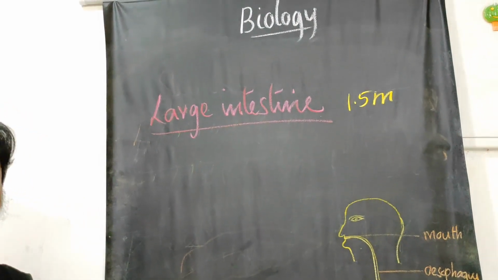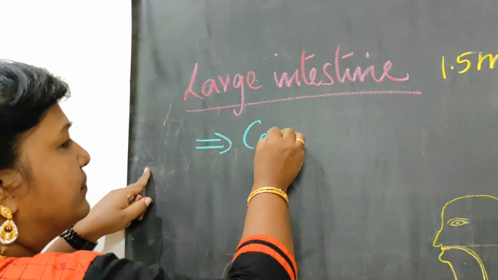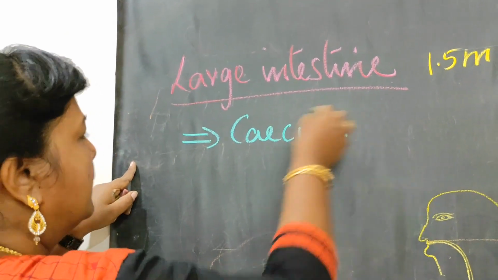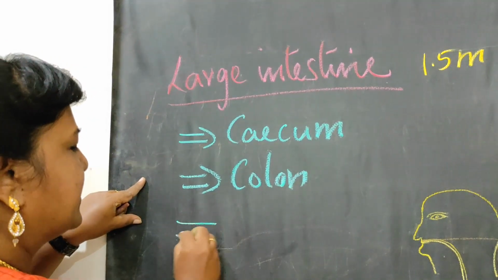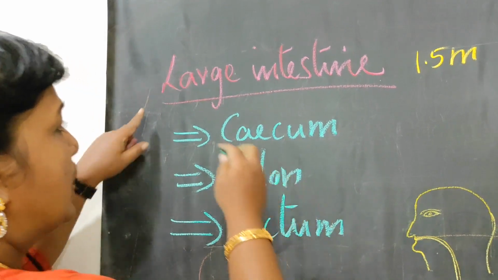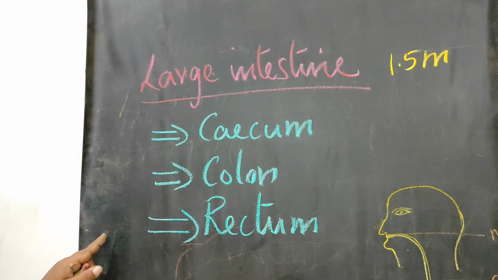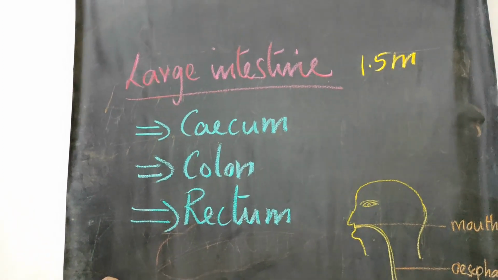It is divided into three parts: cecum, colon, and rectum.